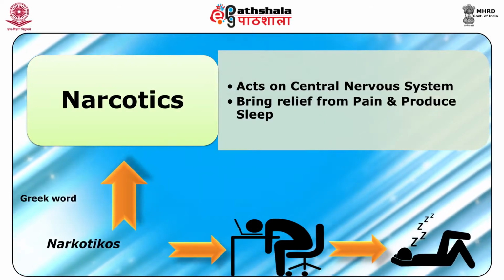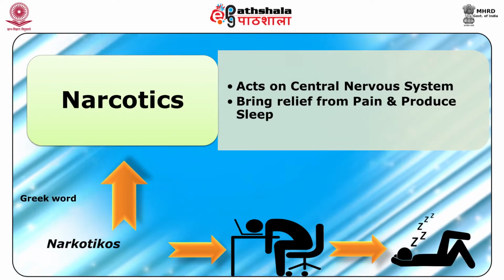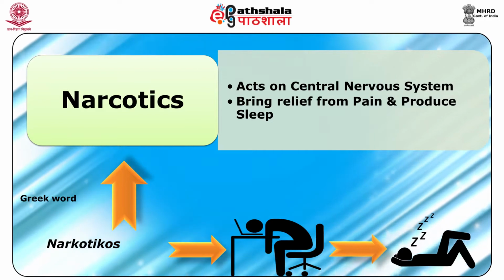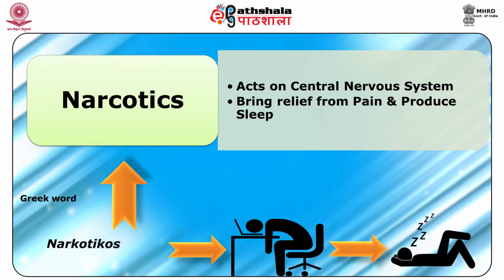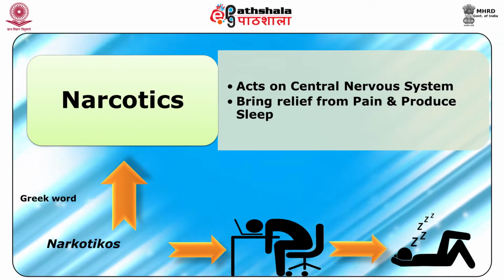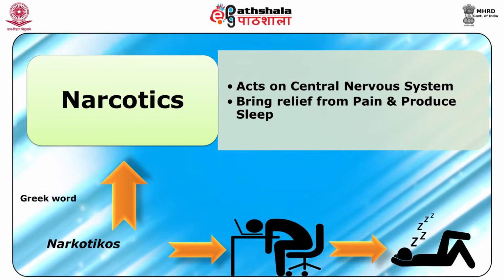The term narcotics is taken from the Greek word narkotikos, which means a state of lethargy. This category comprises substances that act on the central nervous system, and they bring relief from pain and produce sleep.